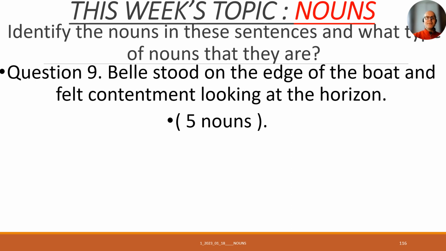Question 9. Belle stood on the edge of the boat and felt contentment looking at the horizon. The five nouns in this sentence are Belle, edge, boat, contentment, and horizon.